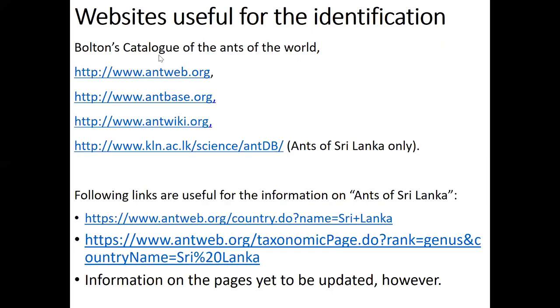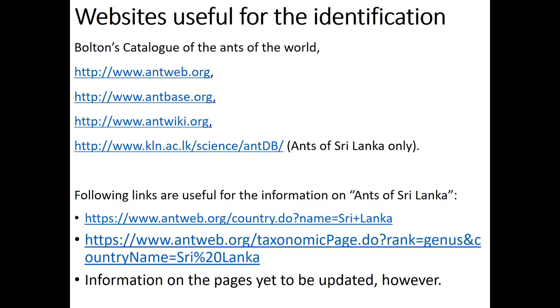Bolton's Catalogue of the Ants of the World is a book which describes the ants recorded all over the world. History is very nicely catalogued, right? But there is no morphological description, only the names, where each is recorded, and all that information.